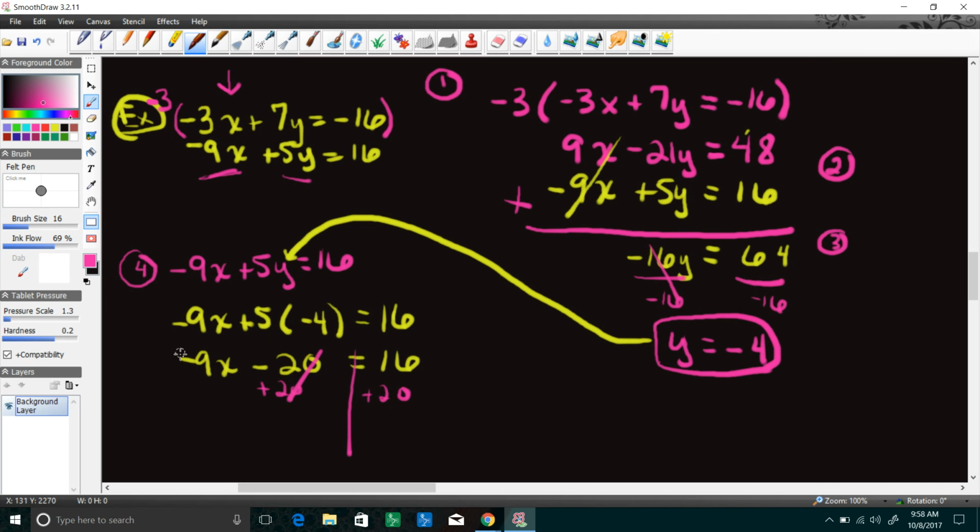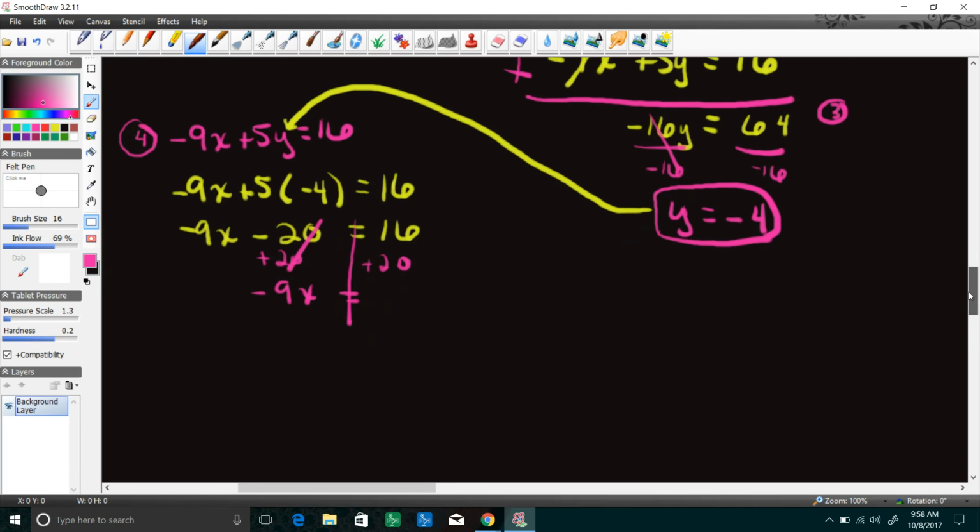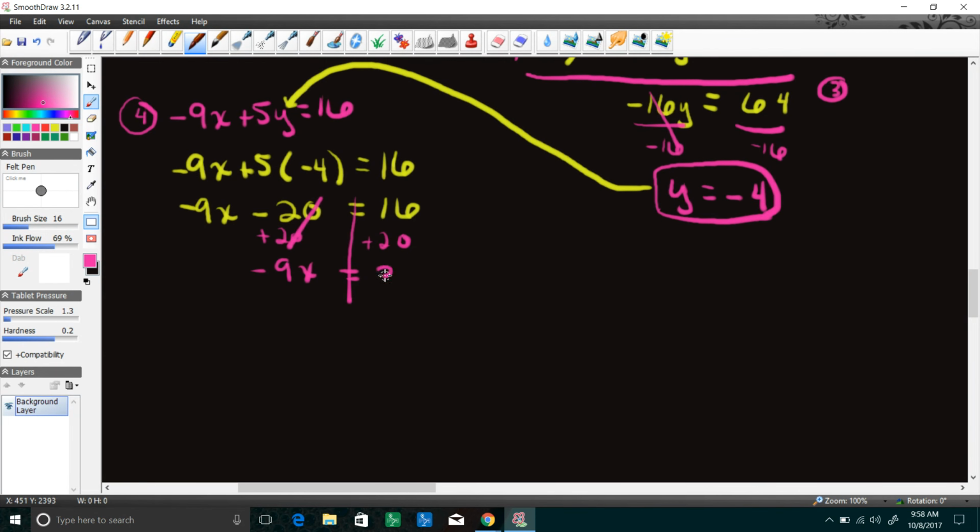Bring everything down, so negative 9x is equal to 16 plus 20 is 36. And my last step here is to divide everything by negative 9, which gets rid of it over here because that's just 1. So x is equal to 36 divided by negative 9, which is negative 4.